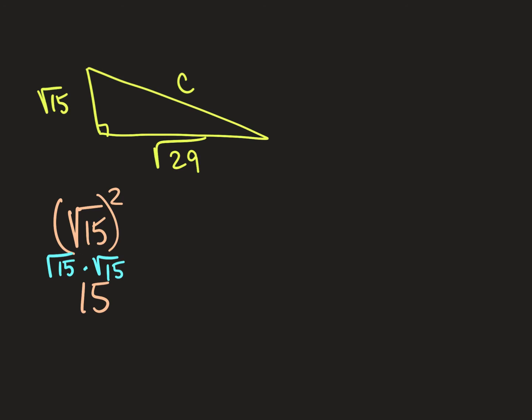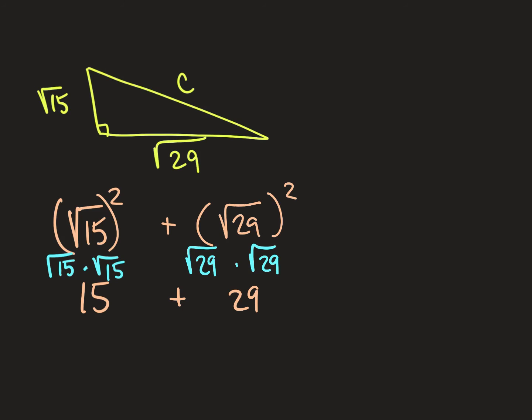So when you see a square root for a leg, or maybe a hypotenuse, any of the sides, they could tell them to us like that. Don't change this to a decimal, because when we square it, it's going to be a nice pretty number. So let's continue. We would have plus the square root of 29 squared is going to become regular 29. Again, it's regular 29 because I have the square root of 29 times the square root of 29, which is the same as 2 29s under the square root sign.